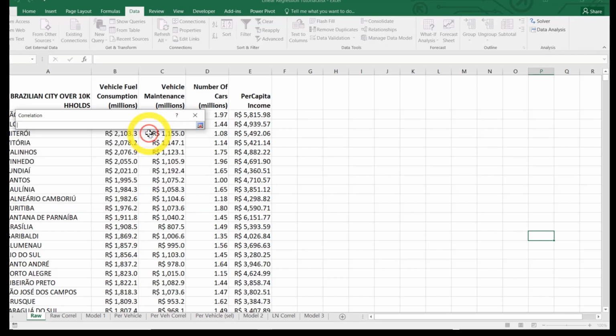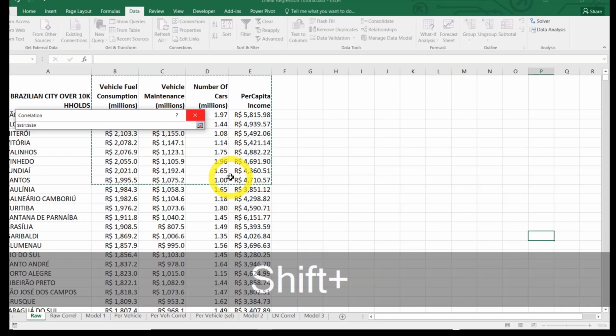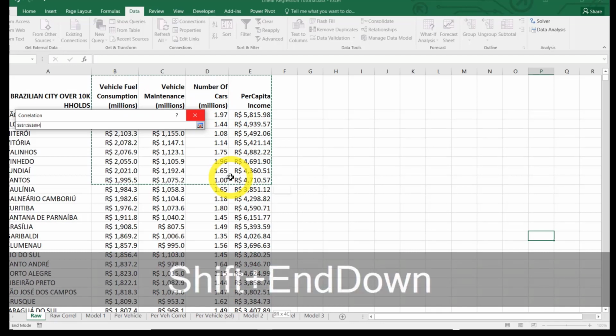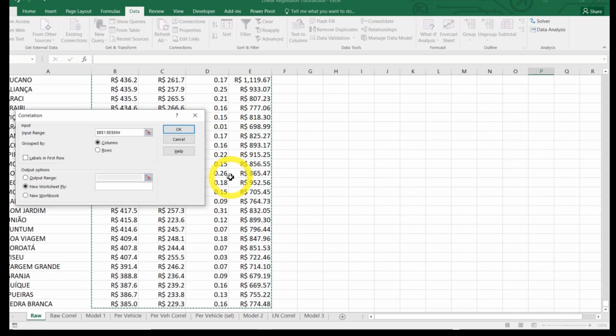I have to highlight the range that contains the variables. Of course, the city names are not variables. Indicate that the first column contains labels, descriptors for each one of the variables. And I'm going to put all of the results in a new worksheet.